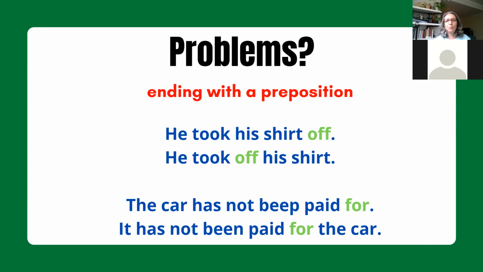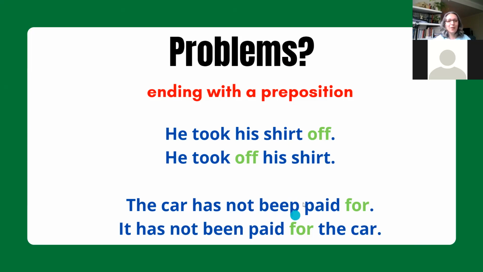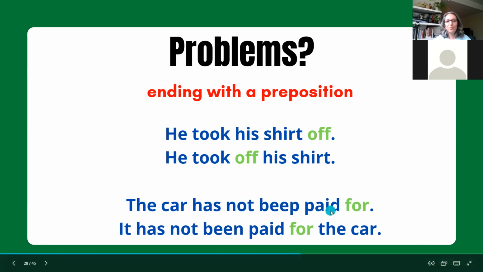Just because authors and editors have been trained not to end in a preposition, so they try not to, and they switch around some things. However, we come to a sentence like this: the car has not yet been paid for. Has not been paid for. Excuse my grammar, my misspelling there. The car has not been paid for.